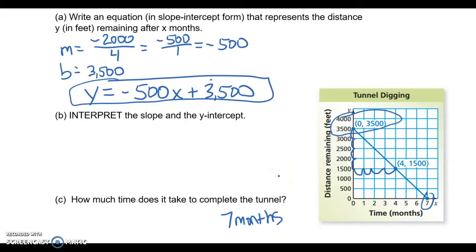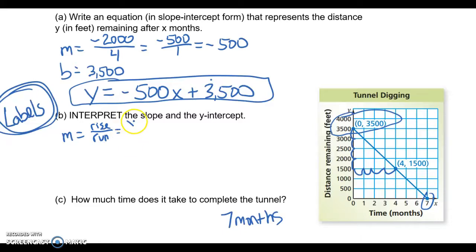So the interpreting is really the most important part of this, and interpreting is just labels, labels, labels, labels, labels. That's important. We need to use both the X and Y labels for all interpreting. So our slope is rise over run.